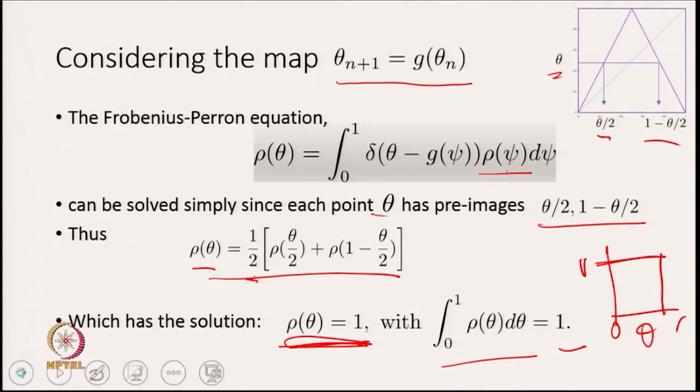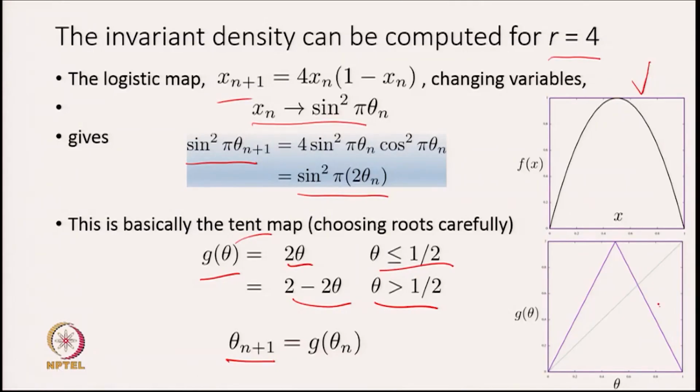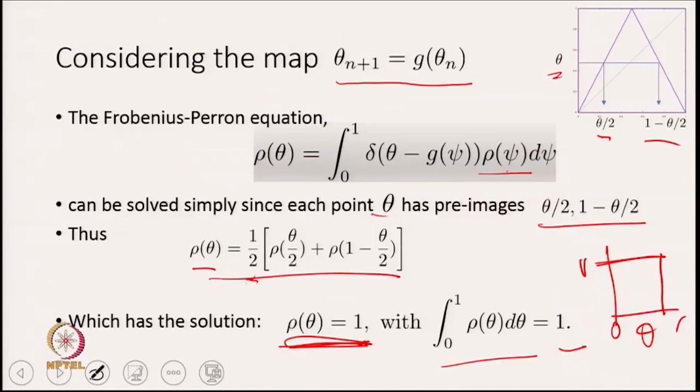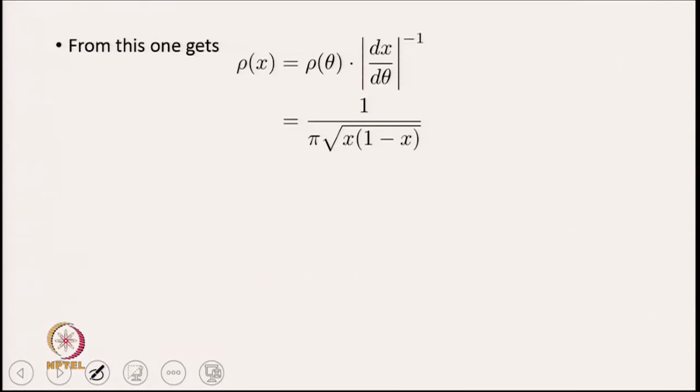Now, these two maps, the tent map and the logistic map, are conjugate to one another, and therefore, you get that rho of x, because we know what the transformation variable is, x is just sine squared theta.